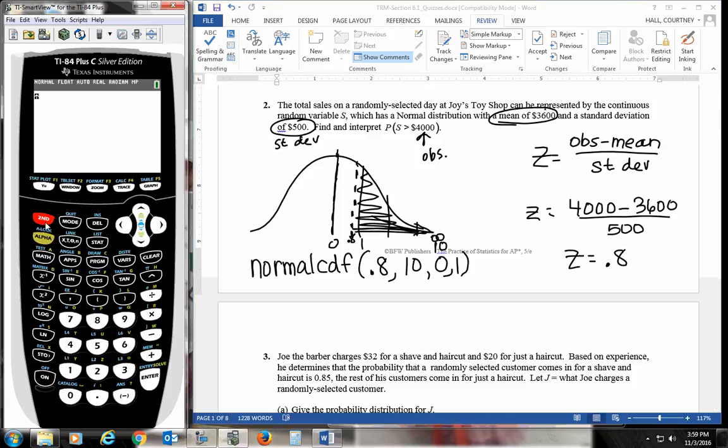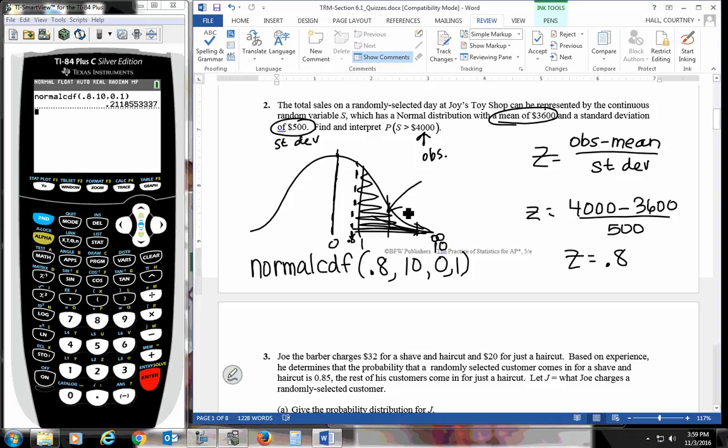So we go second vars, it's number 2 for normal CDF. Again, our lower is 0.8, our upper is 10, and we leave the mean and the standard deviation at 0 and 1. When we run that, it tells us that that area is 0.2119. So we could say that about 21% of the data is above 4,000.